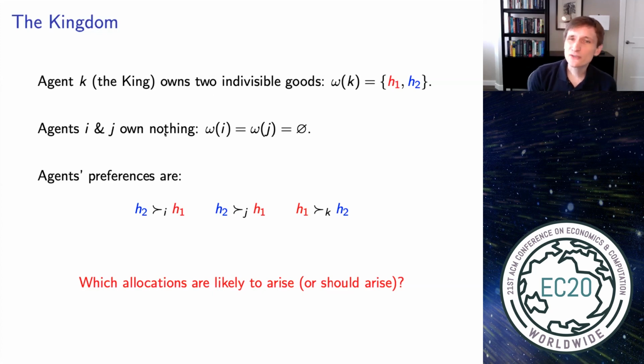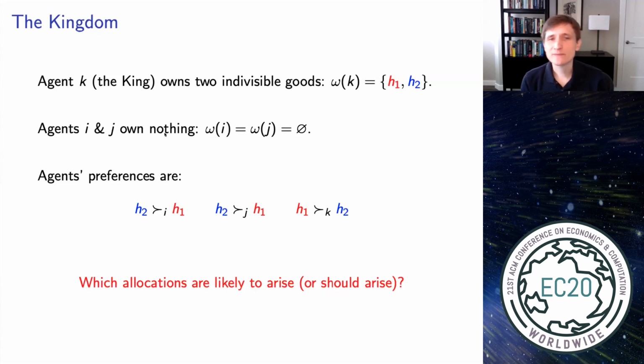If you think intuitively about the kinds of allocations that you would expect to arise in this economy, the most natural one would be that the king gets house 1, his favorite choice, and house 2, the other one, is occupied by one of the other agents. Who in particular, I don't know, everything is symmetric, but you expect both houses to be occupied by someone, and house 1 should go to the king.